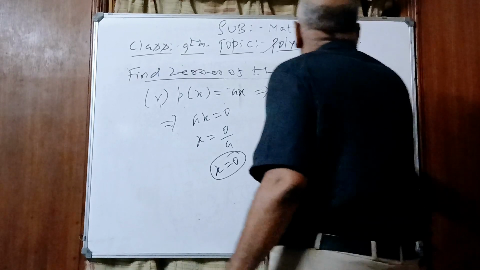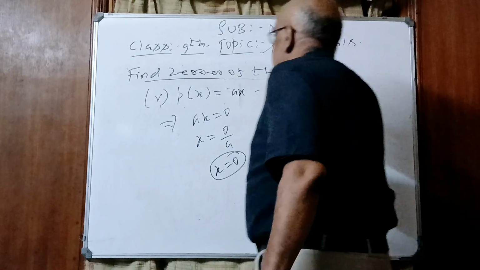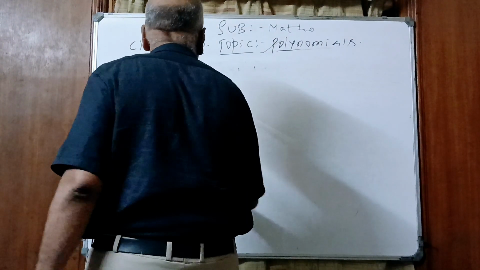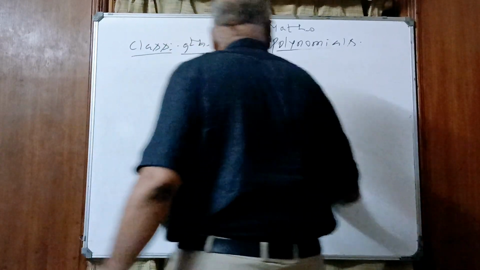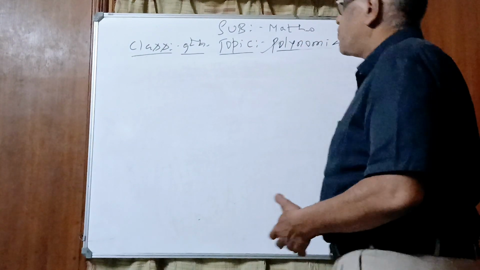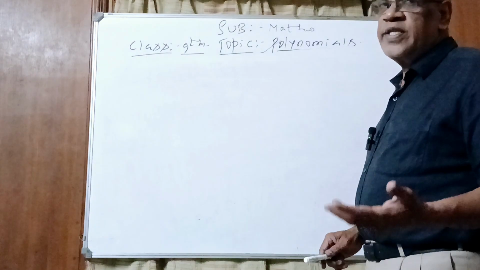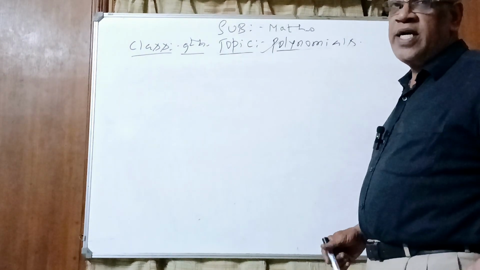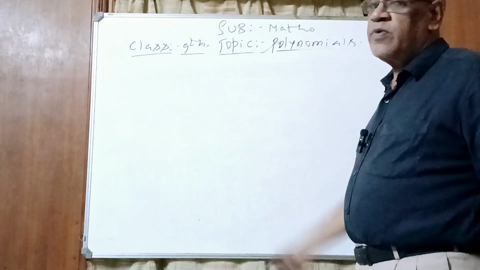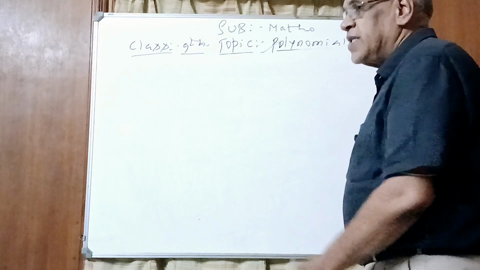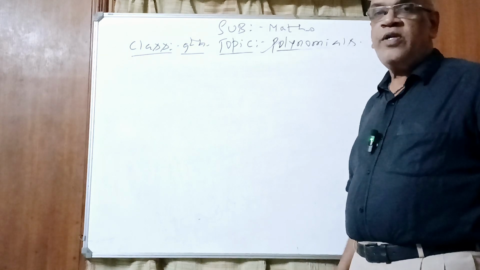Now, this is about remainder theorem and factor theorem. What we studied in factor theorem: if x minus a is a factor, then p of a is equal to 0. Or if p of a is 0, then x minus a is a factor. We studied the same concept here. We will apply the same concept in the coming exercises. And remainder theorem, what did we study?